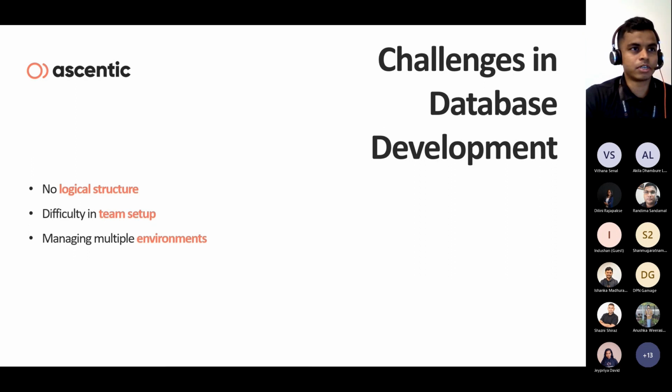So as a developer, release manager, or deployment manager, how can I figure out how to update a specific database in a specific environment? How can I figure out the change that I need to deploy into that particular table? This is going to build up so much complexity.